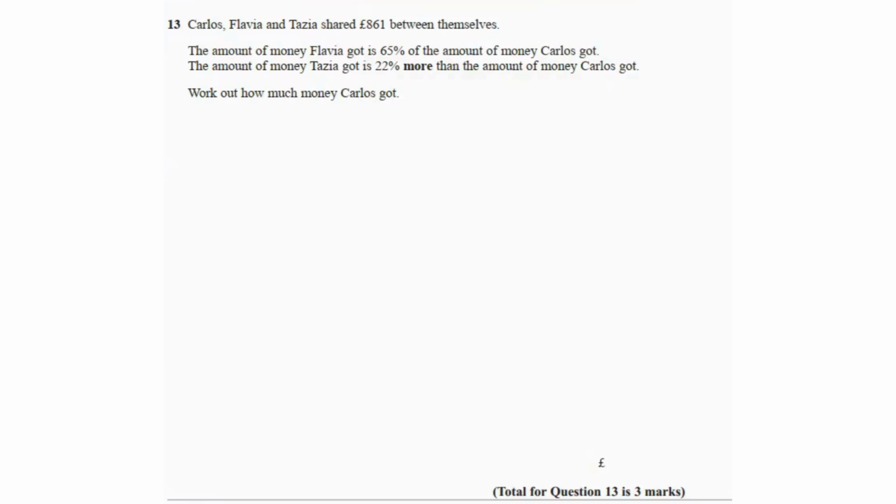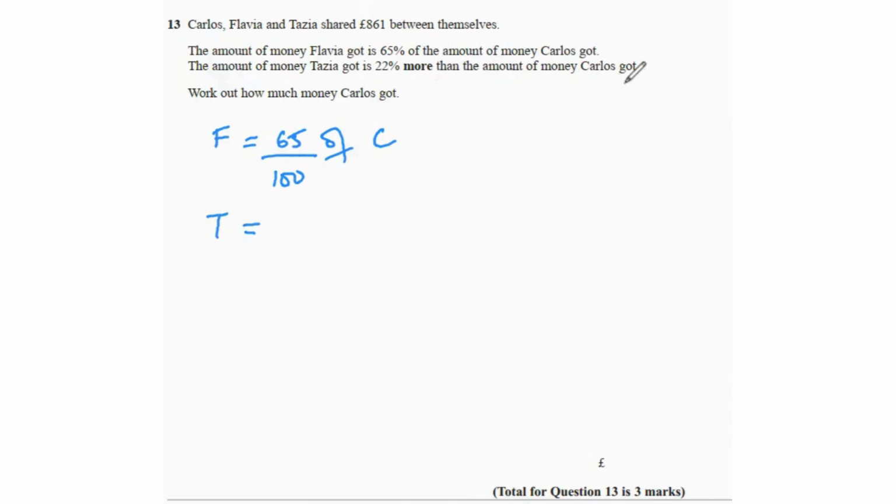So to work out the money Carlos got, we firstly know that 861 is being shared among the three people. So the amount of money Flavia got is 65% of the money Carlos got. So 65 over 100 of C. Then for Tazia, she got 22% more than the amount of money Carlos got.